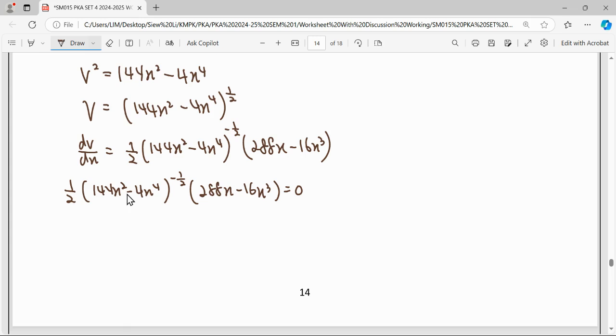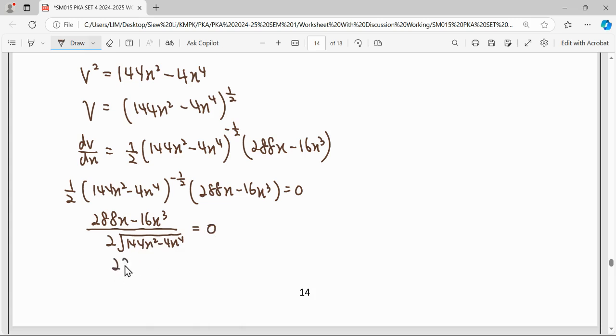This one. Ni penyebut kan? Betul? Kalau kita tulis dengan baik, your equation now is like this. Equals to 0. So kita nak cari X, penyebut darab akan hilang kan, betul?